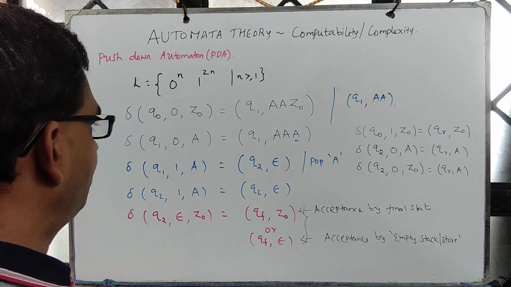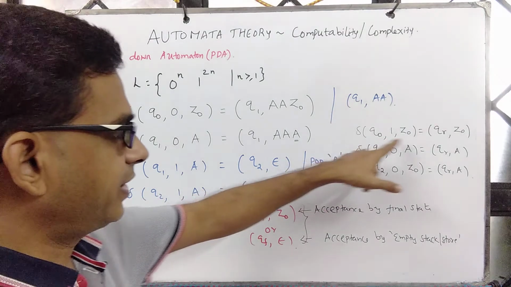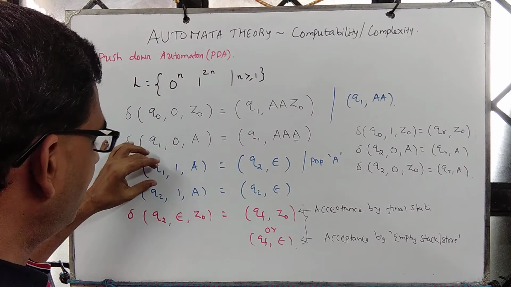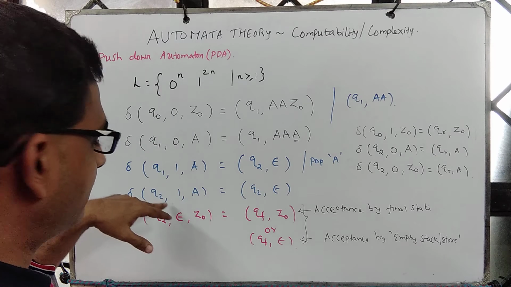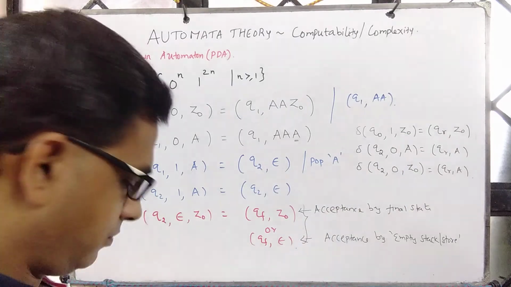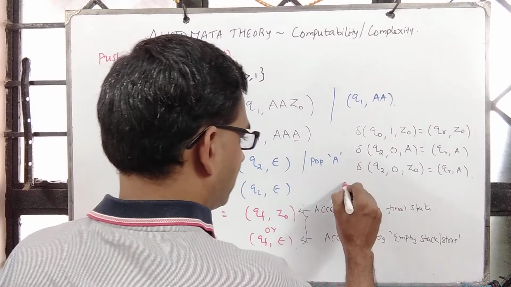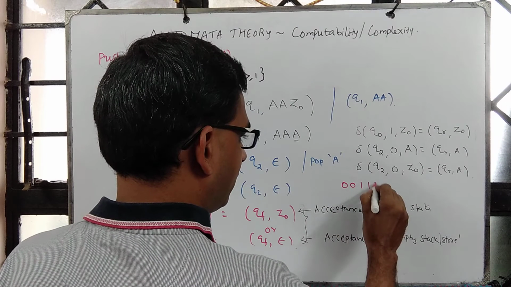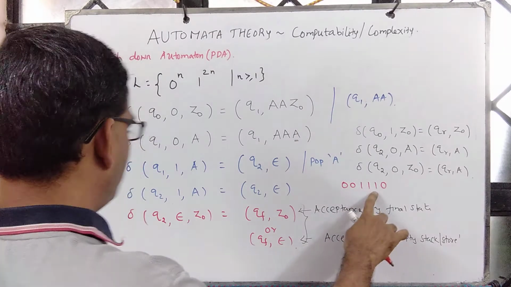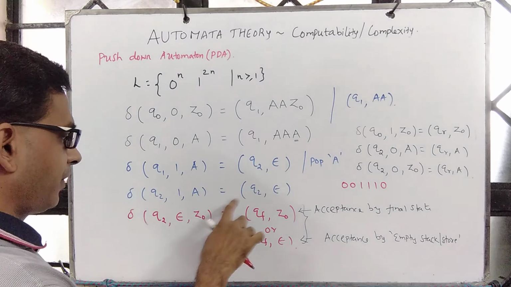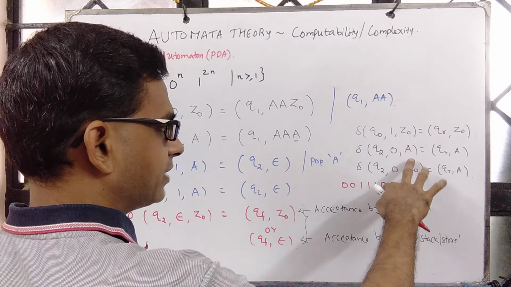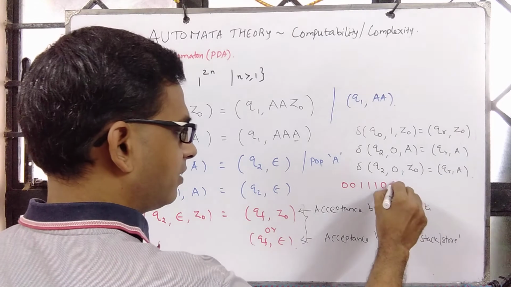This ensures if an input starts with 1, it has to be rejected, that is taken care of. And when you are seeing 1s, you also come across some 0. It is like 0, some 1s, then you come across a 0. For example, 0, 0, 1, 1, 1, you see a 0. When you start reading these ones, you will be at Q2, and you see Q2, 0, top of the stack is A, then it must be rejected.